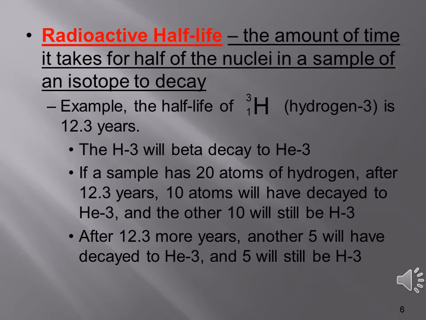This 12.3 years is what we are referring to as half-life, the time taken for hydrogen to decrease its mass by half. So we can say that each half-life will take 12.3 years. So if we have 20 atoms, it will decrease by half to 10, then from 10 to 5, and each decrease is what we are referring to as half-life.